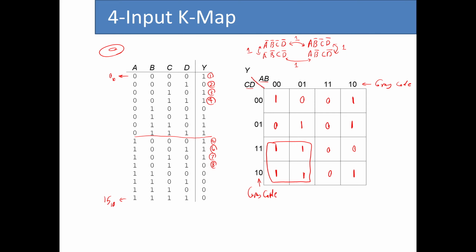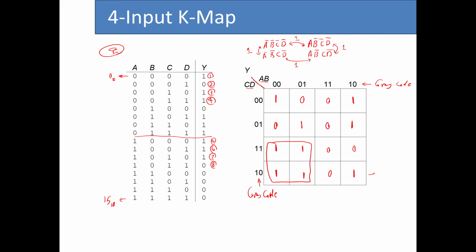At any point in a donut, you can go up or down, right? And when you go around the circle, for example here, if you go up and then around the circle, you end up at the same place. The same is true if you go in the other direction. If you go around the circle, you end up at the same place, right? So a 4-input Karnaugh map is practically a donut, a torus.